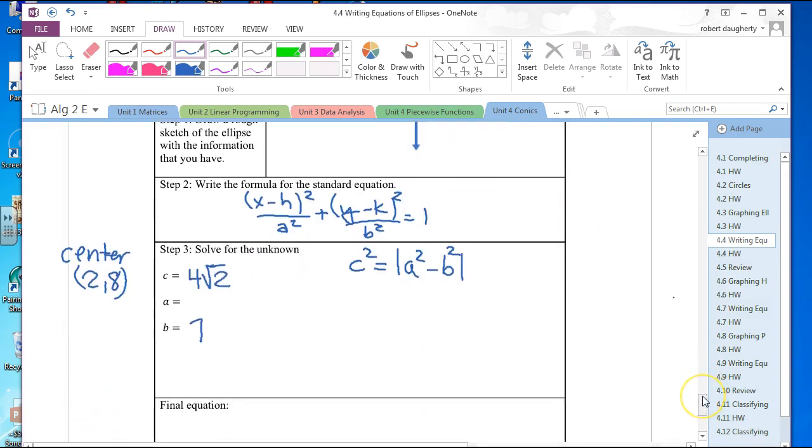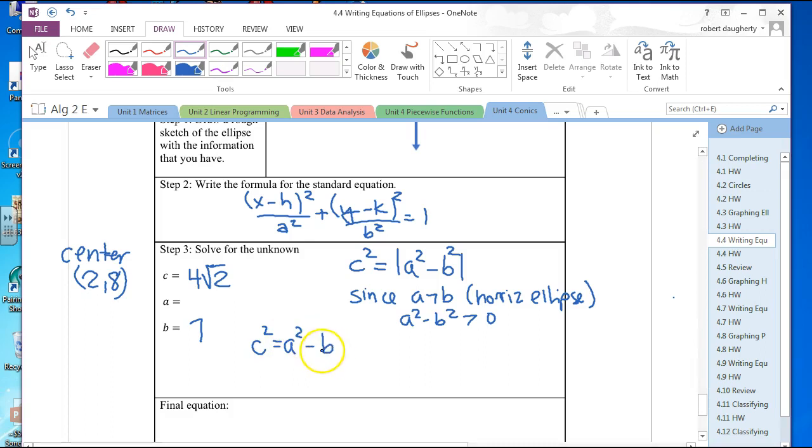So a squared minus b squared is a positive number. The absolute value of a positive number is just that same number, so the absolute values can go away here. So c squared equals a squared minus b squared.